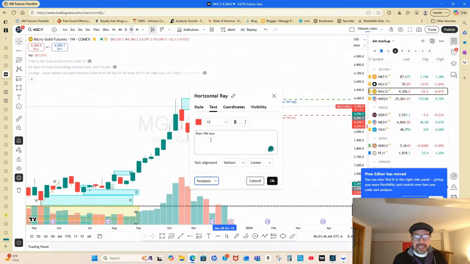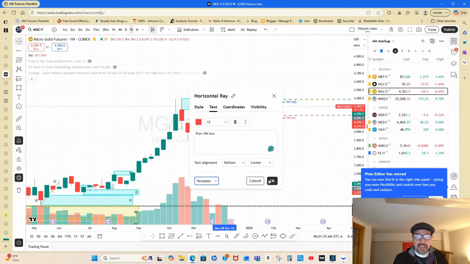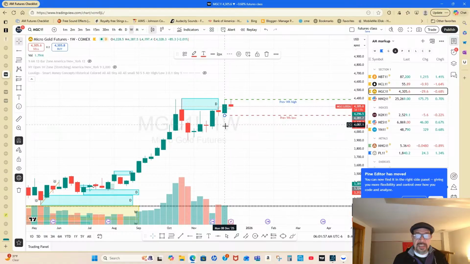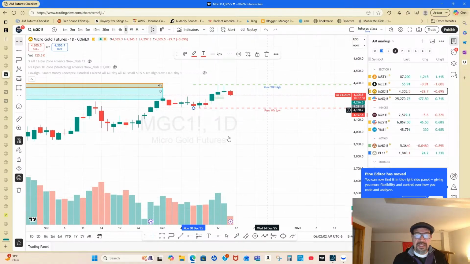And we'll save this template so I don't have to do that next time. Okay. And then I'll go to day and look at my previous day, which yesterday was the previous week high.